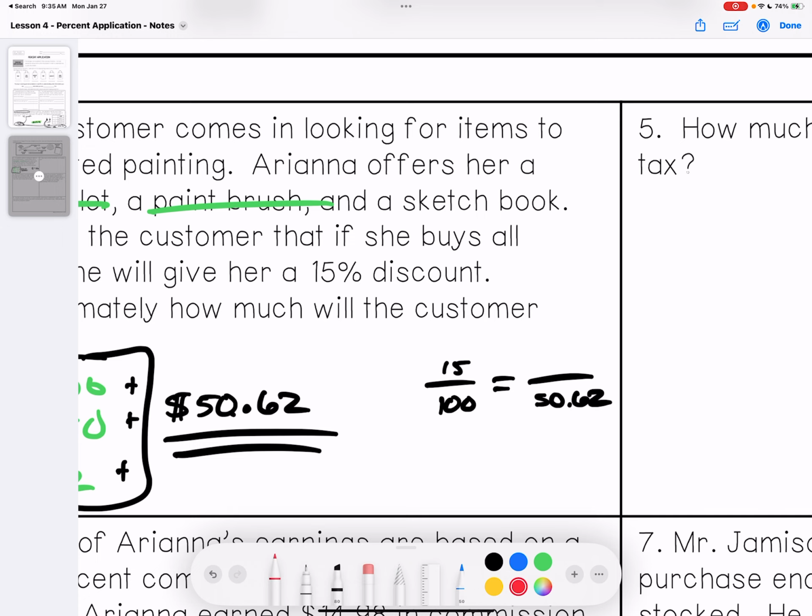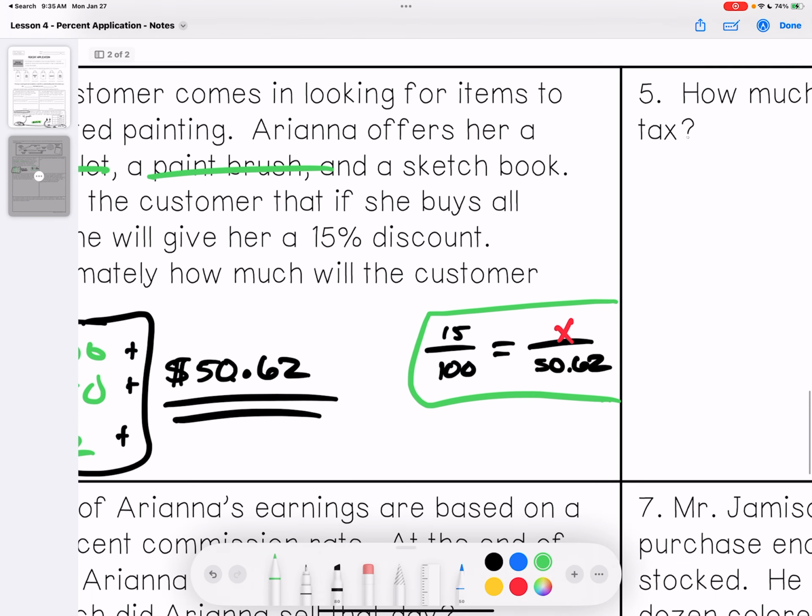Now, we're not going to solve it that way, but I'm going to show you another way to solve it. That's one way to solve it. The other way to solve it is in your calculator. Take 50.62 and multiply it times 0.15, which we've already talked about before.